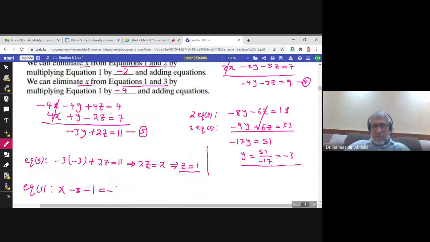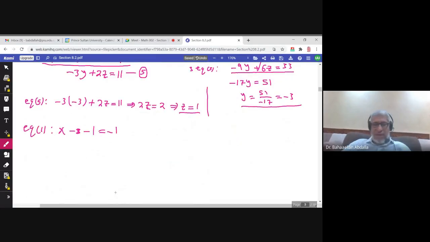Negative 3 minus 1, this is negative 4. If you take it to the other side, it would be 4. 4 minus 1 is 3. So the solution set consists of the ordered triple, x first, then y, then z.